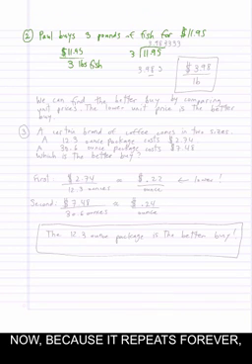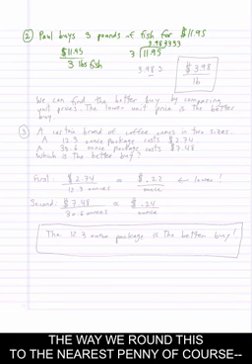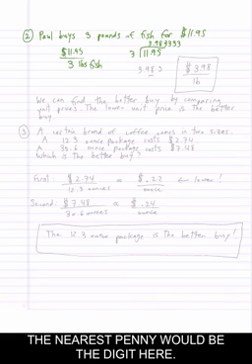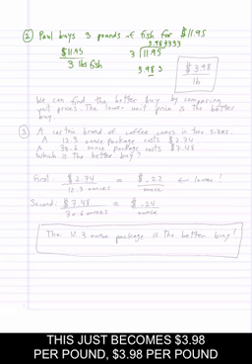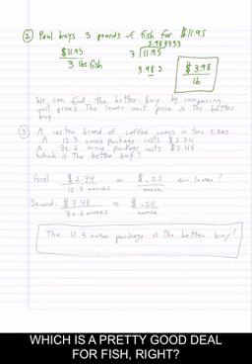Now, because it repeats forever, the way we round this to the nearest penny, of course, the nearest penny would be the digit here. And since we have a 3 as the next digit, this just becomes $3.98 per pound. Which is a pretty good deal for fish, right?